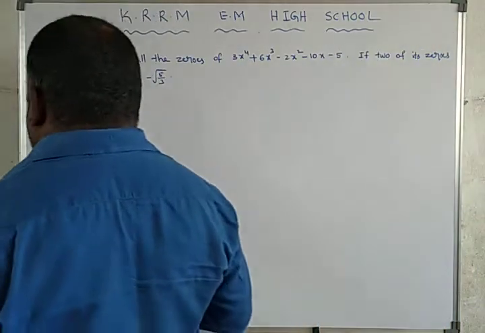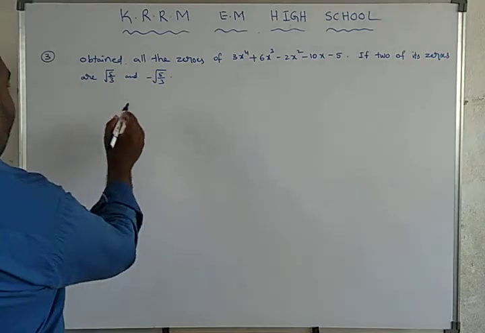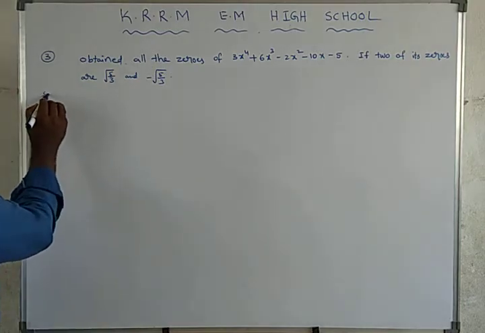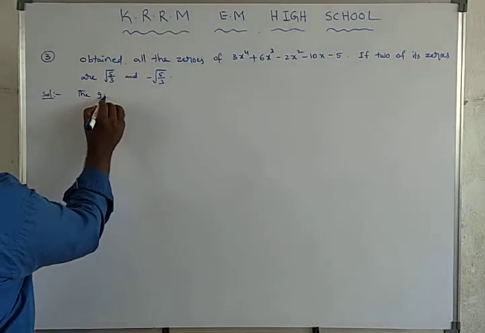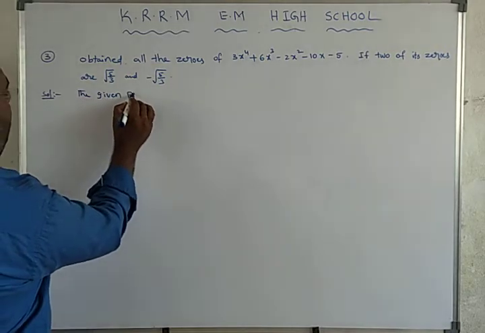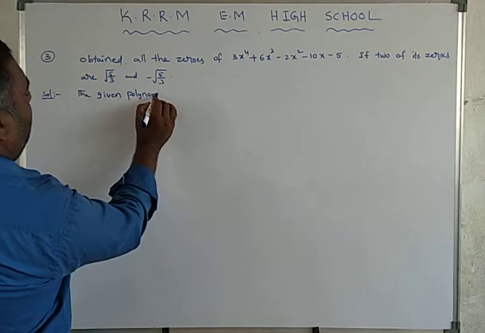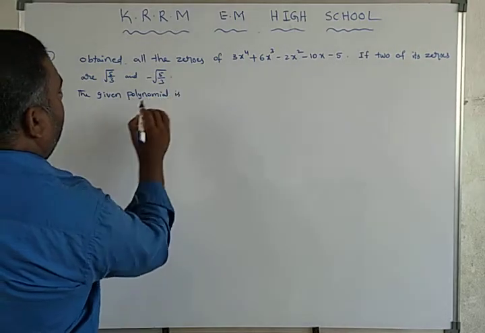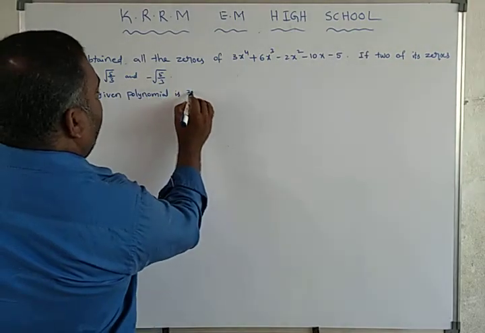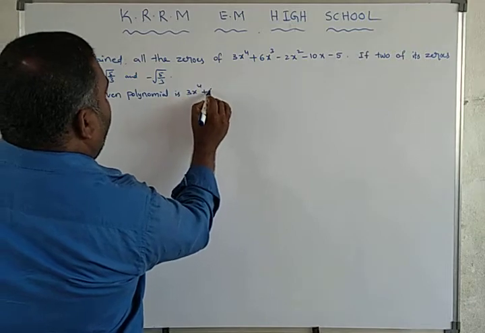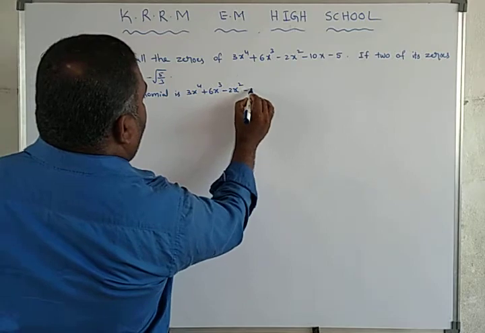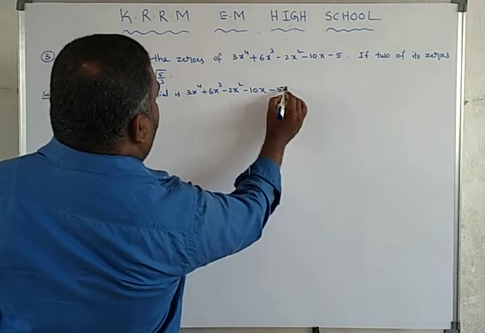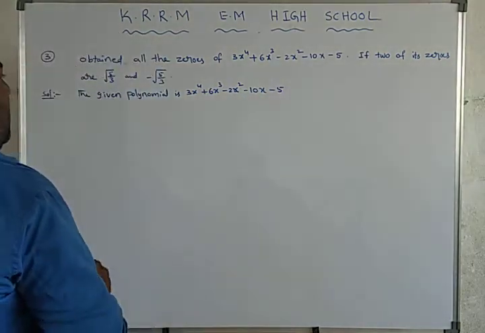So, how to find the remaining two zeros? The given polynomial is 3x^4 + 6x^3 - 2x^2 - 10x - 5.